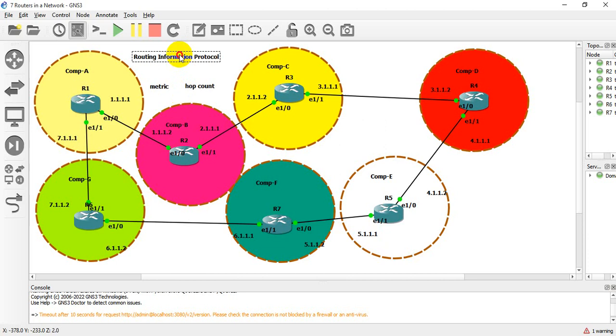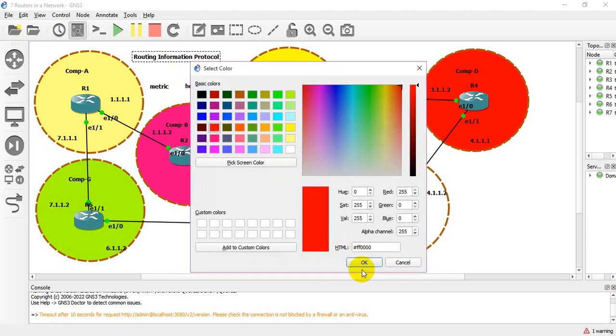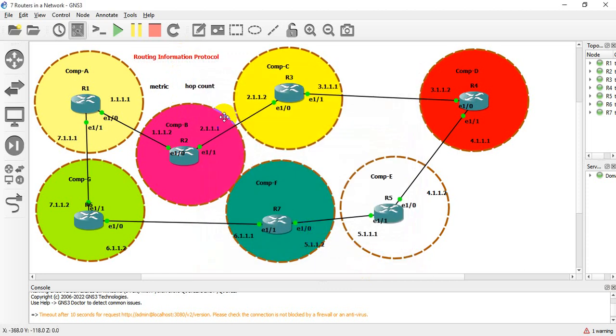All about this, and now let me go to the configuration, and let's start configuring the routing information protocol. How to configure? Let me tell you the configuration here. I should write router, and there are two versions, but I will use version one.